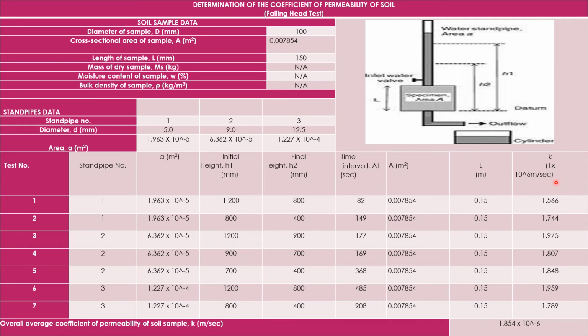And this is the expected data that I have obtained for the experiment. The overall average coefficient of permeability of the soil sample is 1.854 times 10 to the power of negative 6.